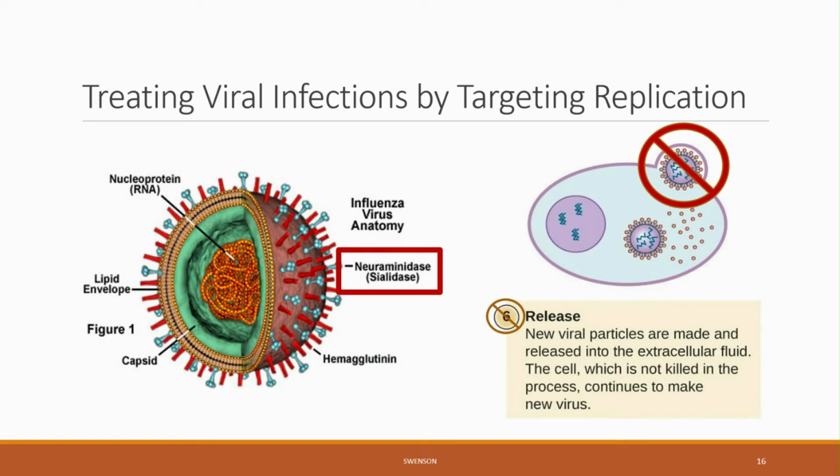Tamiflu is a neuraminidase inhibitor. And the virus uses this protein to dissolve the membrane of its host cell so that it can exit the cell. And that's the enzymatic activity of neuraminidase. And thus Tamiflu prevents new viral particles from being released because it inhibits the enzymatic activity of this surface protein.